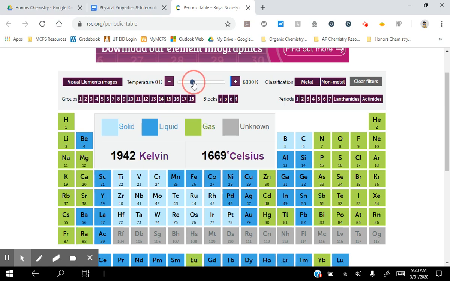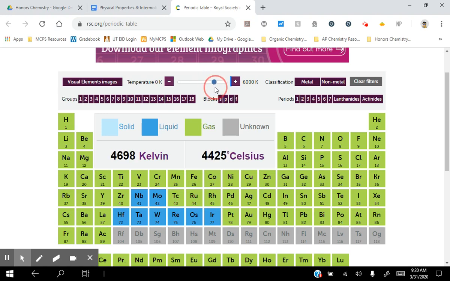I'm starting to see a ton more liquid and even more gas elements. If I keep increasing the slider, make a prediction: what phase of matter will we see? Well, if I increase it all the way, eventually everything will exist in the gas form.